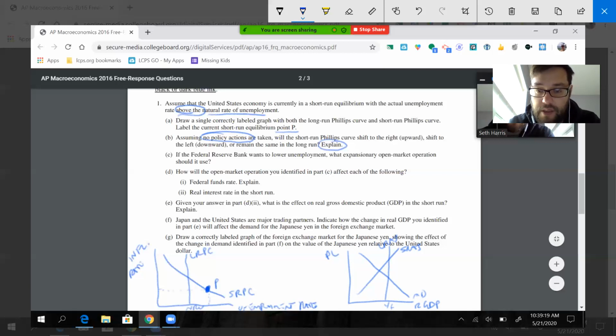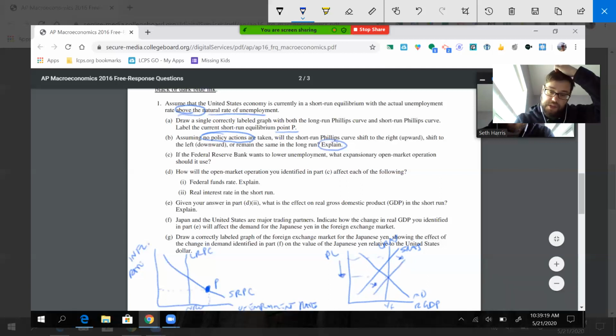Well, in the long run, you get this secondary shift of the short run aggregate supply curve, right? And the reason being is that when you're below, it lowers input costs, nominal wages, and eventually that feeds through to a gradual shift back of the short run aggregate supply curve, where you end up back on the full employment level, but you end up coming down this way in terms of the price level.